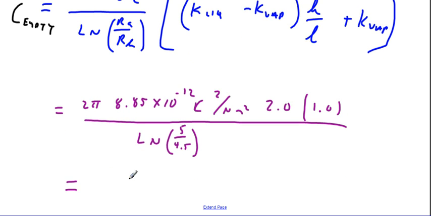And when we put that in my calculator, you get 1.1 times 10 to the minus 9th farads. So I better have a good instrument because that's not going to be very much. And that ends the empty case. That ends chapter 24 problems.